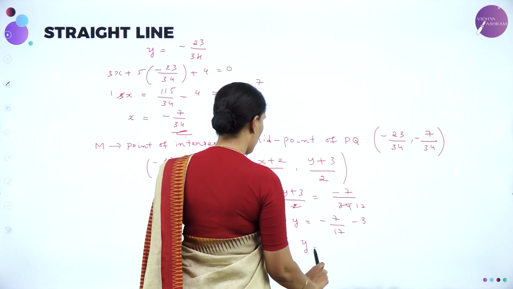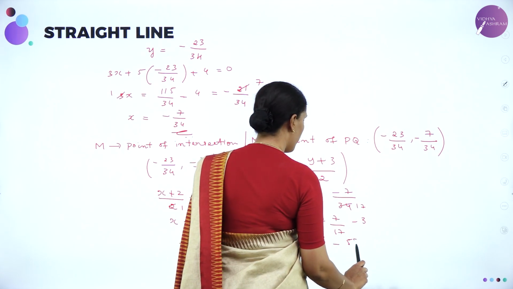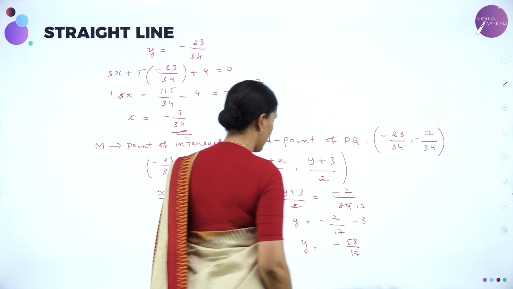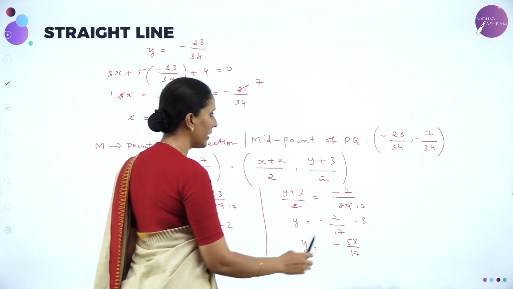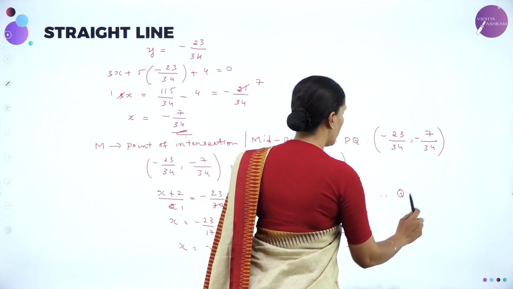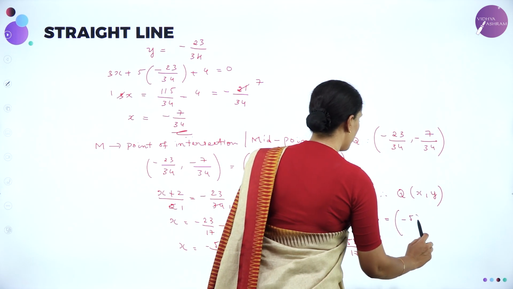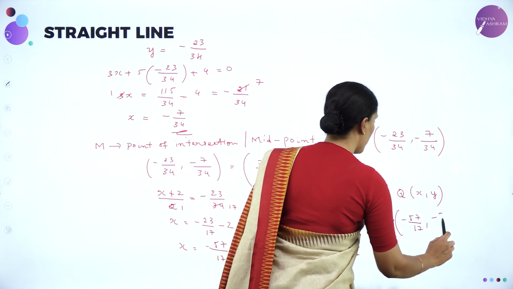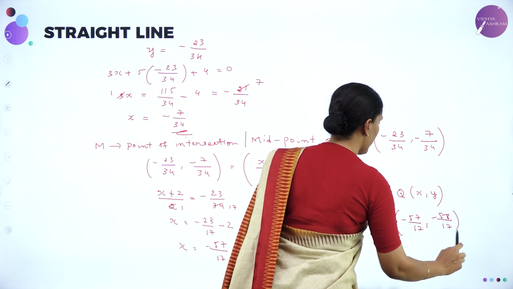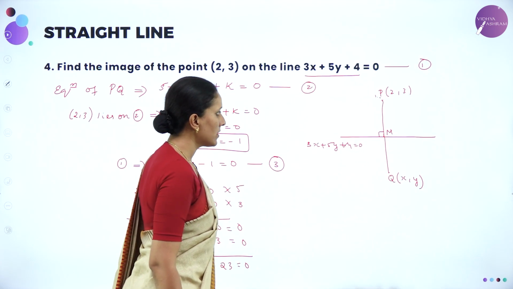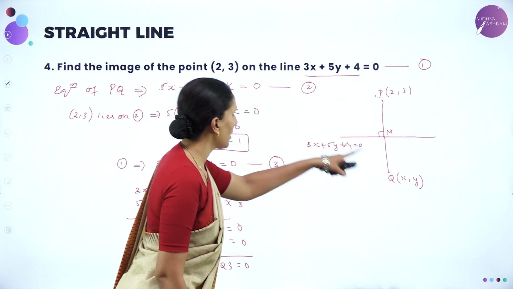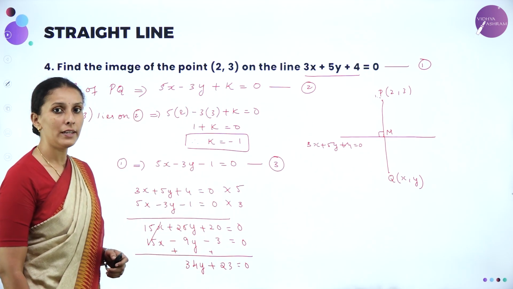So, y is equal to -58/17. So, we have x and we have y. Therefore, Q(x, y) is -57/17, -58/17. So this is the reflection of the point (2, 3).